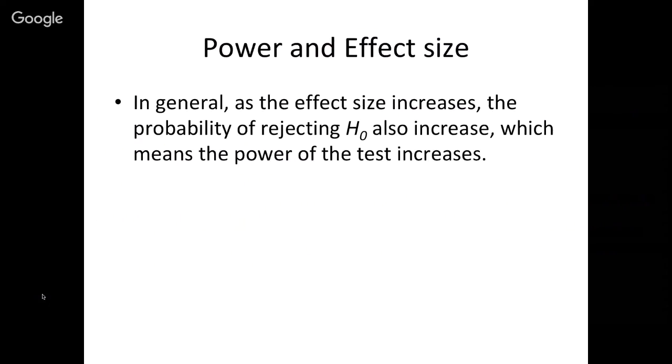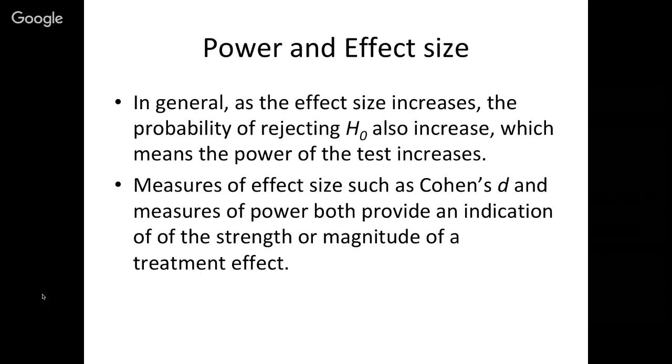So the power and effect size are both related, because both of them are determined by alpha, right? In general, as the effect size increases, the probability of rejecting H0 also increases, which means the power of the test increases. So they are in the same direction.